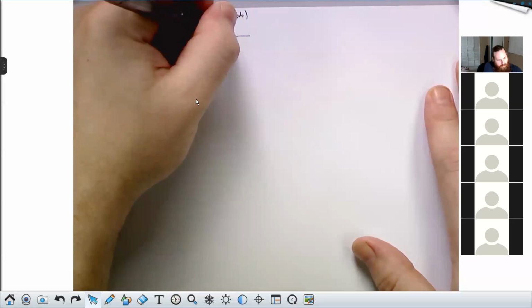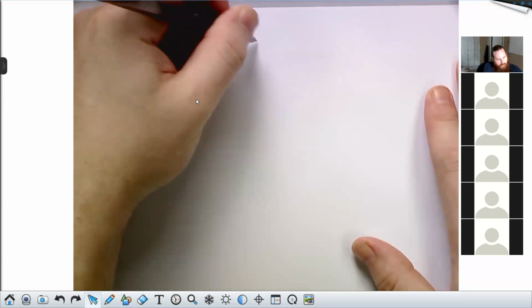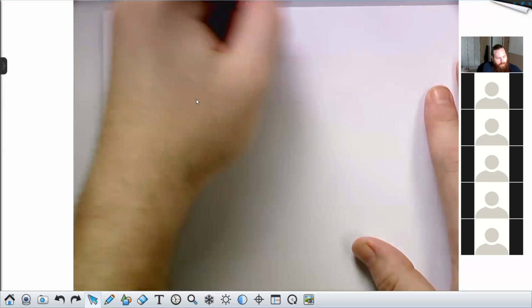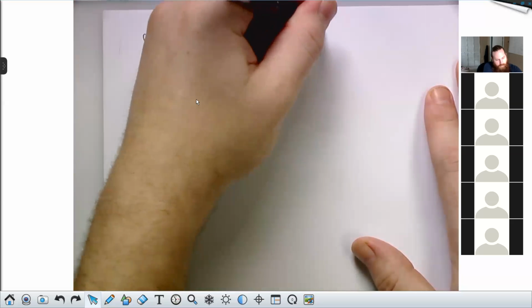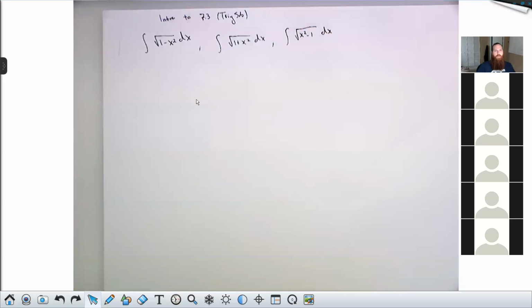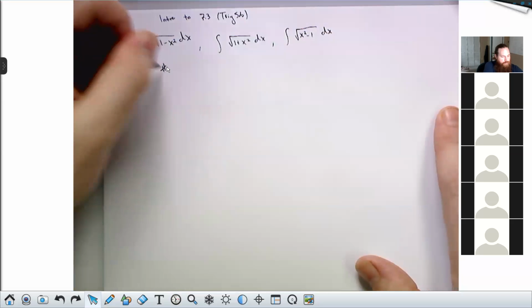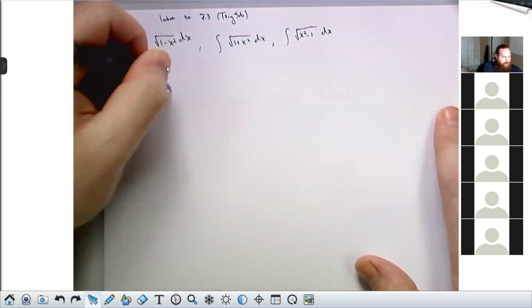This, and this, are all kind of tricky. They're difficult because the square roots don't play nice with the addition and subtraction going on here. This is not equal to the integral of 1 minus x.